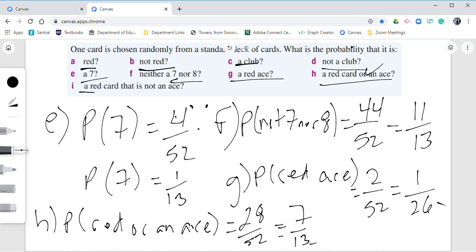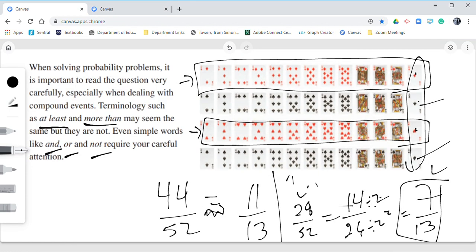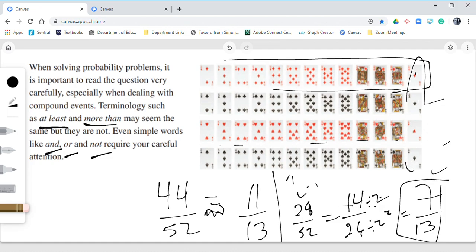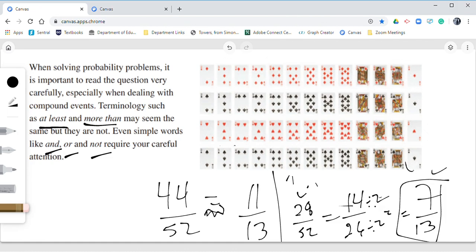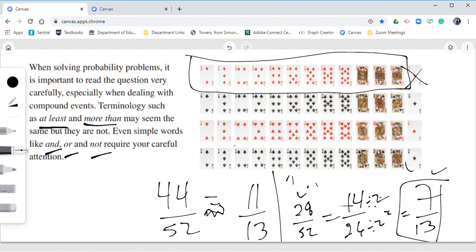A red card that is not an ace. So for I, a red card that is not an ace. Again, very helpful to visualize this out. I don't love just talking about it hypothetically. I love to visualize these out, to make sure to be able to see it. So it's going to be all these guys, but not an ace, not that guy.